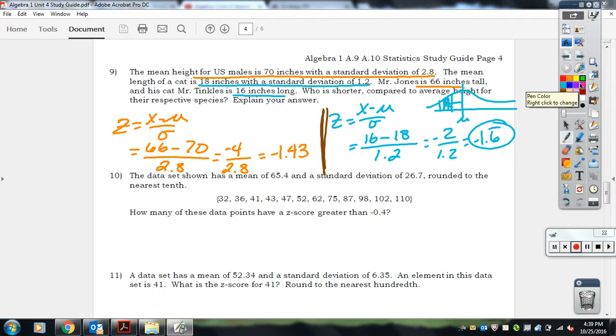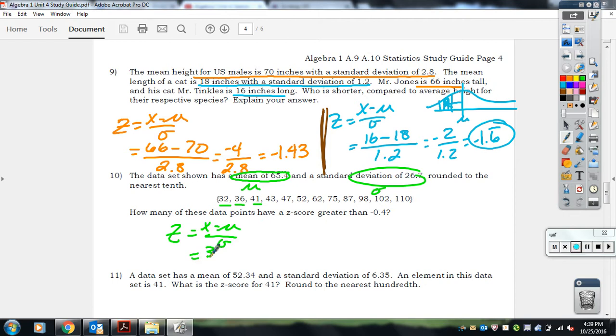Moving on to question number 10: the data set shown has an average, my mu, of 65.4, and a standard deviation, sigma, of 26.7. How many of these data points have a z-score greater than 0.4? I could certainly take each of these points and plug them into the formula, z equals x minus mu all over sigma.